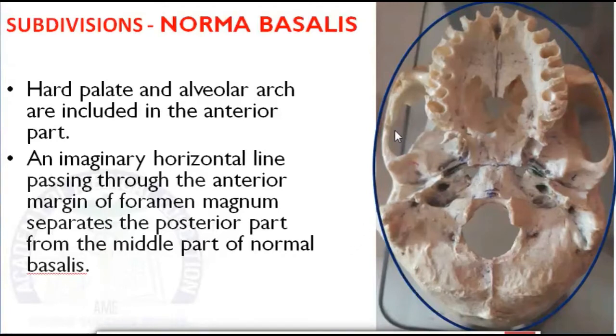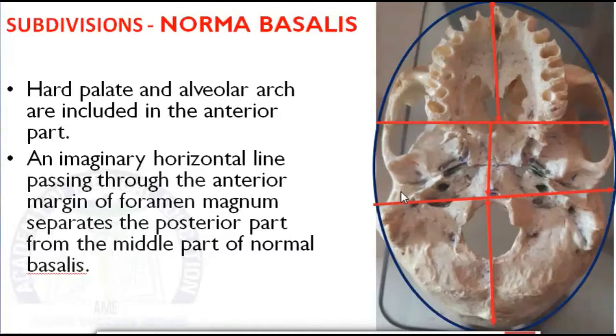So if you draw one horizontal line from the posterior margin of the alveolar arch and a second horizontal line touching the anterior margin of the occipital condyles, this is the anterior horizontal line and this is the posterior horizontal line. The part anterior to the anterior horizontal line is called the anterior part of Norma Basilis view. Here is the middle part and this is the posterior part of the Norma Basilis view.